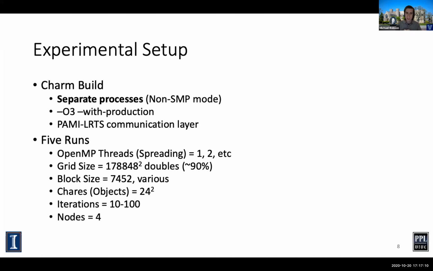All the normal optimizations were applied, and here are the numbers if you're interested. This is run with a grid size that's approximately 90% of the total memory of the node, depending on the actual node, and various block sizes so that we have a large number of chares. We average this over 100 iterations in most cases across 4 nodes, although we do scale it up.